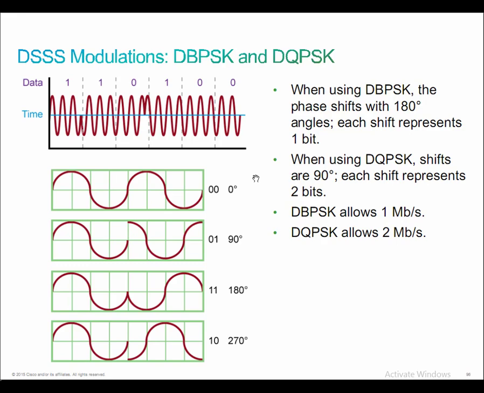Okay? So what's going to happen is DQPSK is going to determine one alteration of the wave to represent a group of 2 symbols. With a single alteration of that wave, you can represent 2 symbols instead of 1, which doubles the speed of the overall transmission. And by the way, this is a 4-QAM option, right?